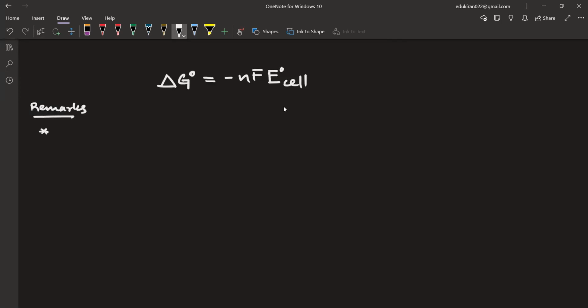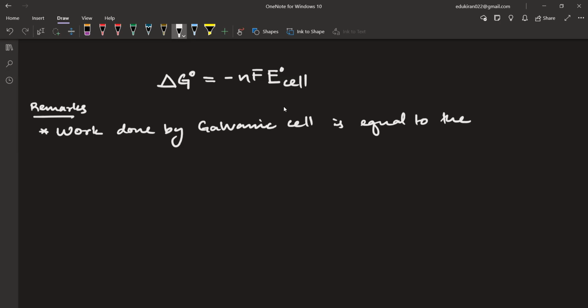Right, remarks. Number 1. See, the work done by galvanic cell is what? It is equal to the decrease in Gibbs free energy. Work done by galvanic cell is equal to the decrease in Gibbs free energy.